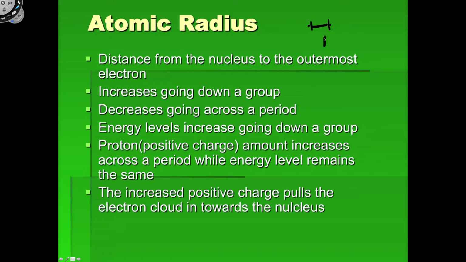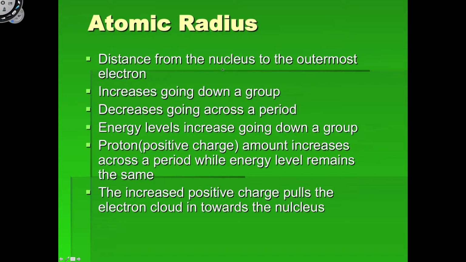That's usually measured in picometers if I recall. It's not directly measuring, obviously we couldn't do that, but you can measure from one nucleus to another, and you take that number and cut it in half, and that gives you your atomic radius.